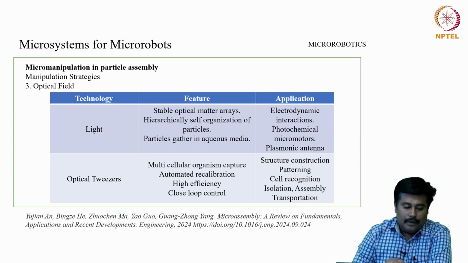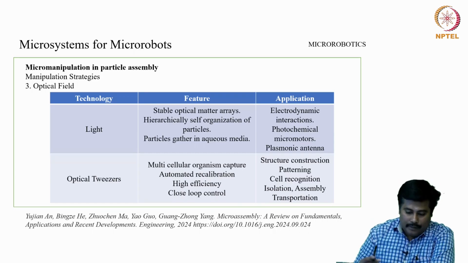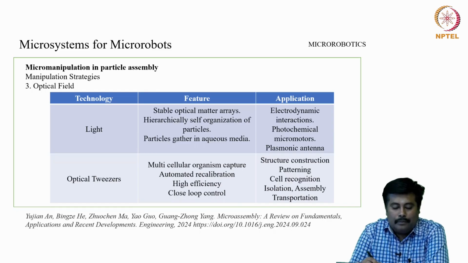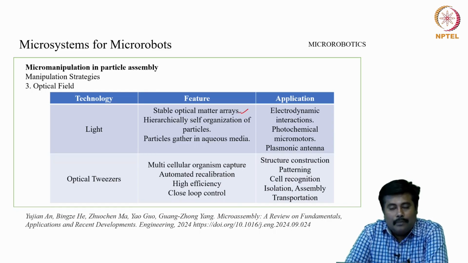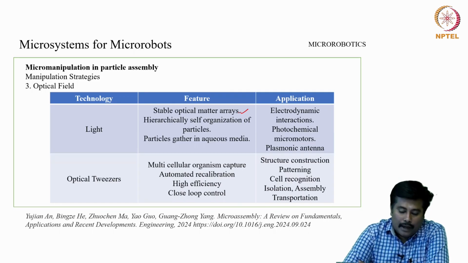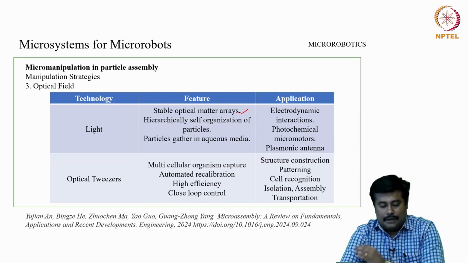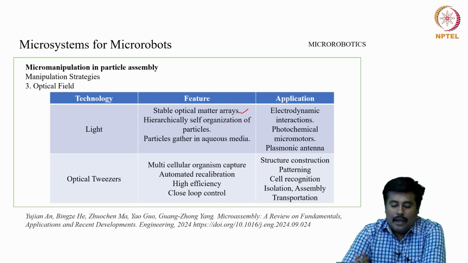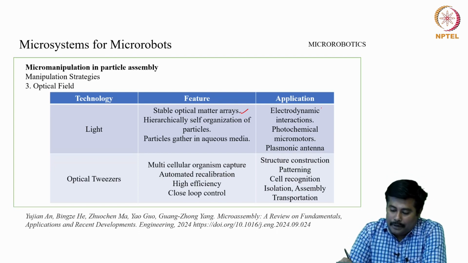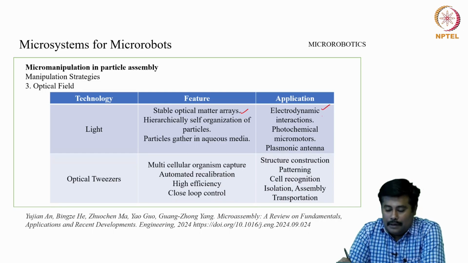In the case of optical field, we have light, and in terms of features, there are stable optical matter arrays, hierarchically self organized particles, and the particles are gathered in an aqueous medium. In terms of applications, it has electrodynamic interaction, a photochemical micromotor, and a plasmonic antenna.